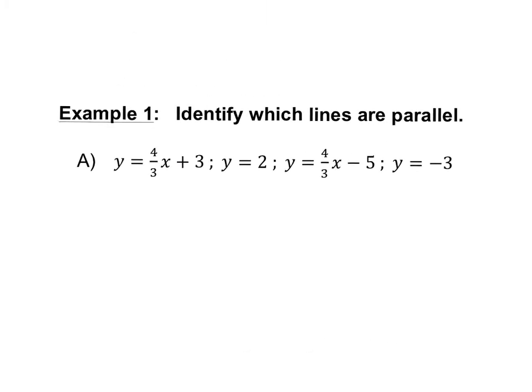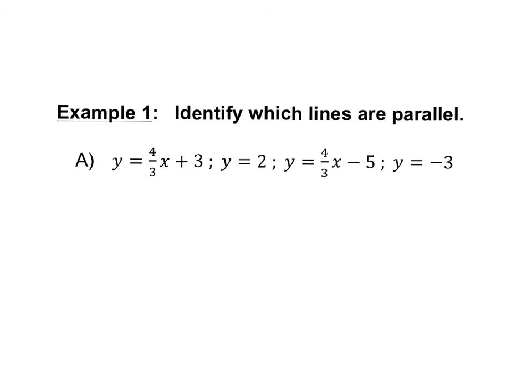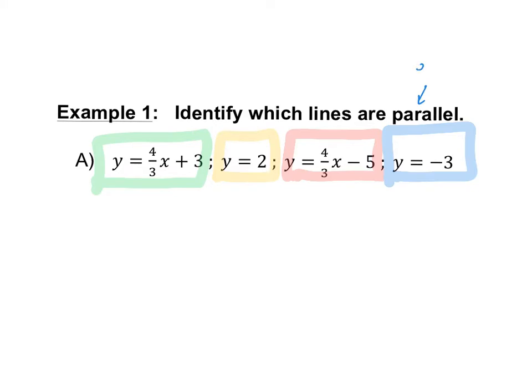If we were to look at these lines, so we're looking at line 1, line 2, line 3, and line 4. If I wanted to see which ones are parallel, I would have to identify which ones have equal slopes, exactly the same.